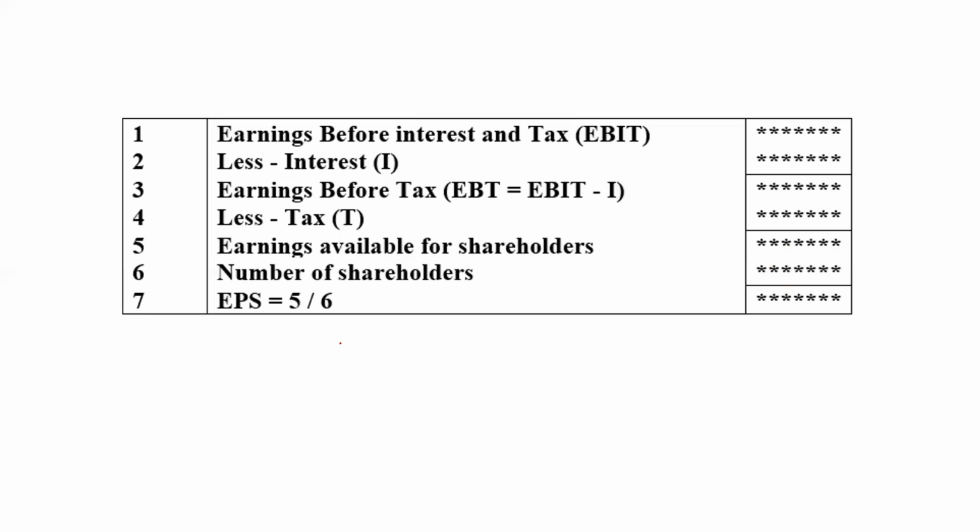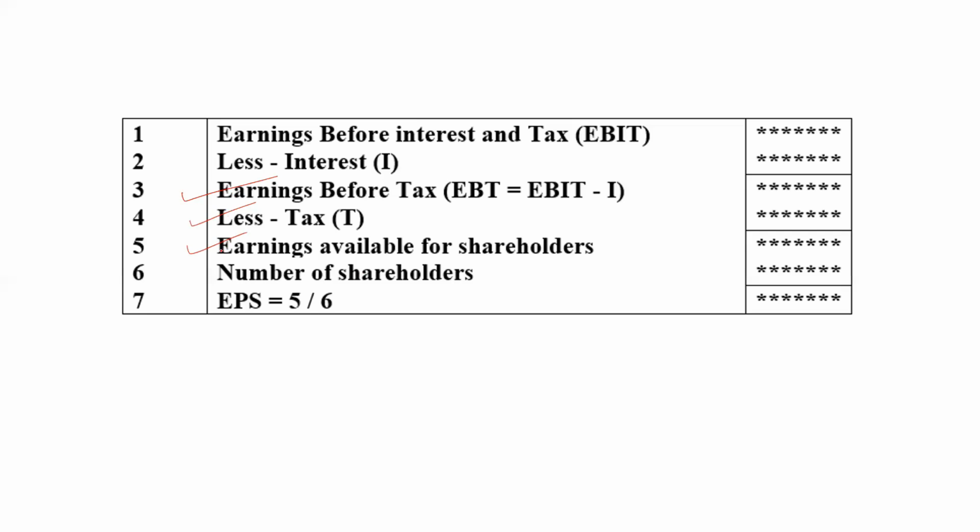Okay, first of all, you earn the net profit. This net profit is known as operating profit, and this operating profit is also known as earning before interest and tax. First of all, the adjustment of interest is done and taxes are paid afterward. So when interest is reduced, you are left with the value of earning before taxes, and when tax is deducted, you are left with earnings available for shareholders.